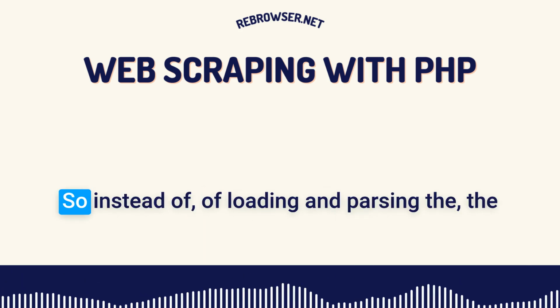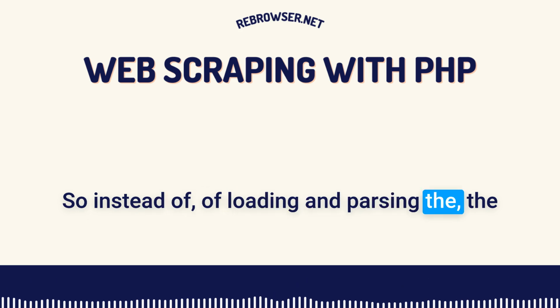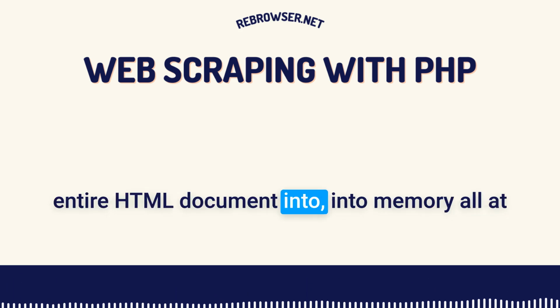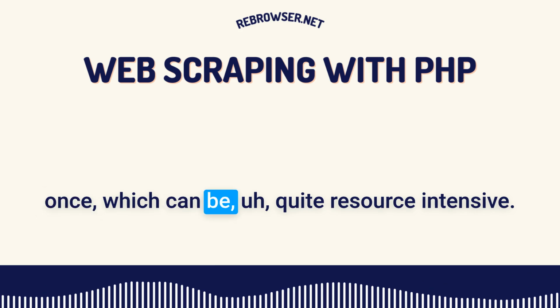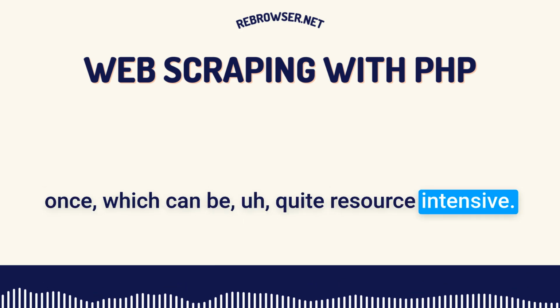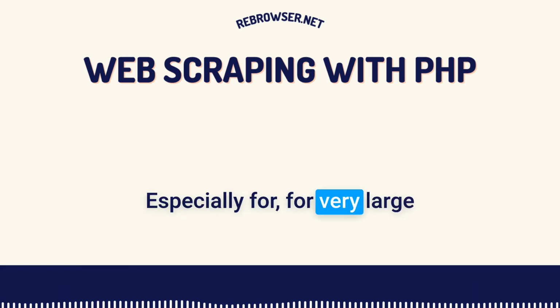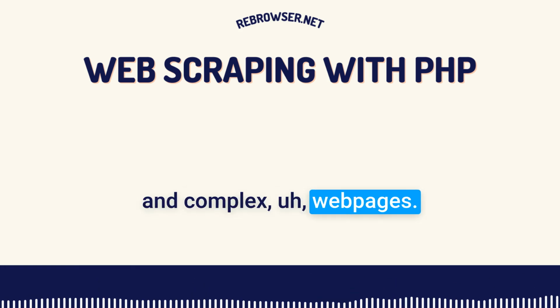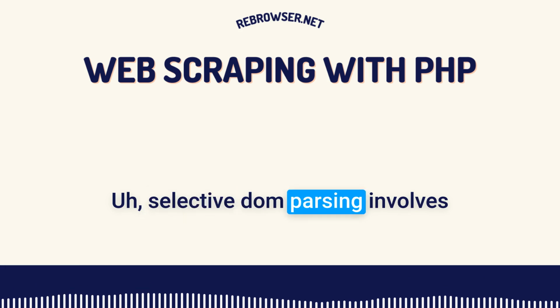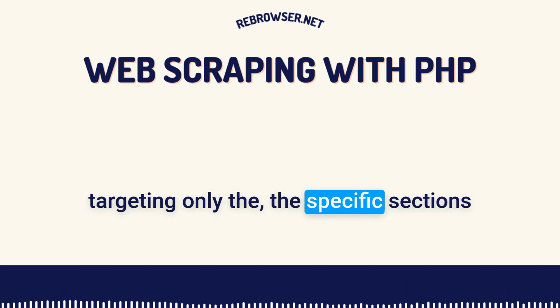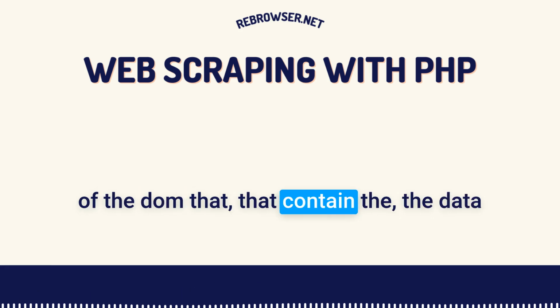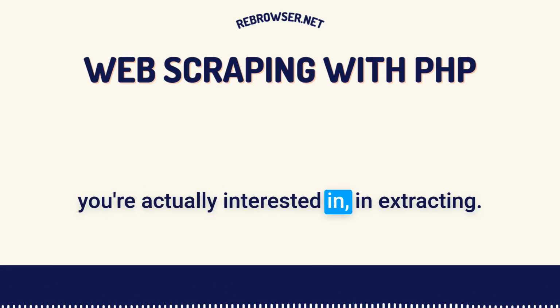And then there's the idea of selective DOM parsing for memory reduction. How does that work? So instead of loading and parsing the entire HTML document into memory all at once, which can be quite resource intensive, especially for very large and complex web pages, selective DOM parsing involves targeting only the specific sections of the DOM that contain the data you're actually interested in extracting.